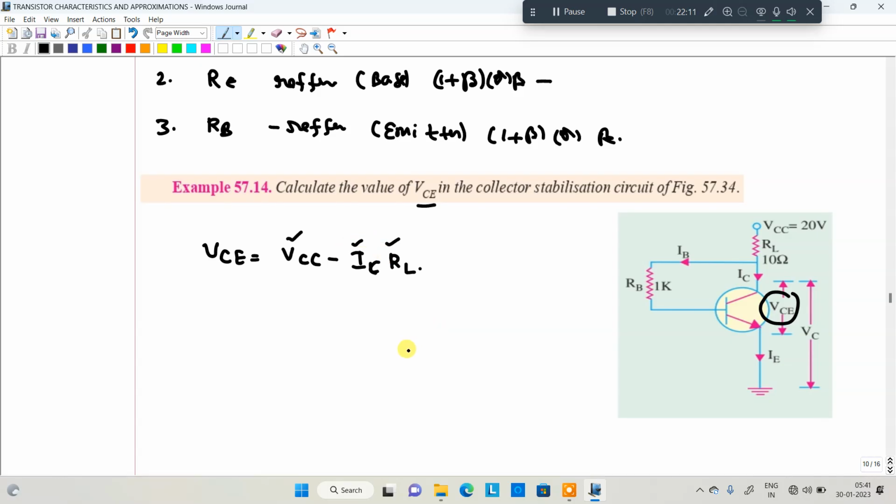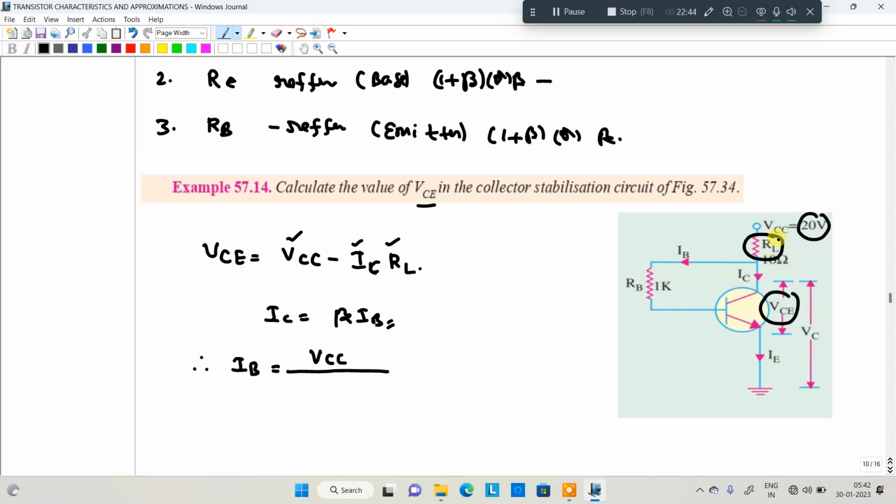How to find out the IC? IC is equal to beta into IB. But you don't know the IB value, so you want to find out IB first. IB is equal to VCC divided by, and here RL is very important.